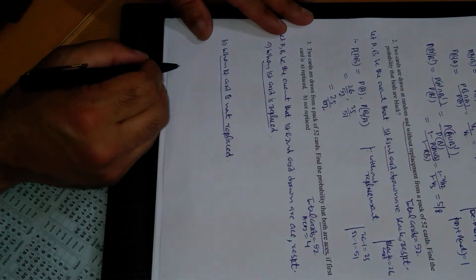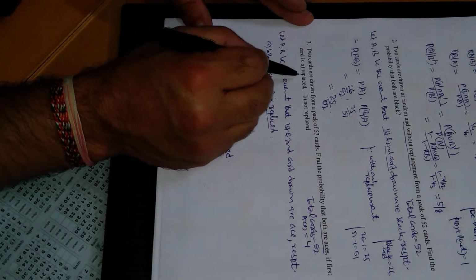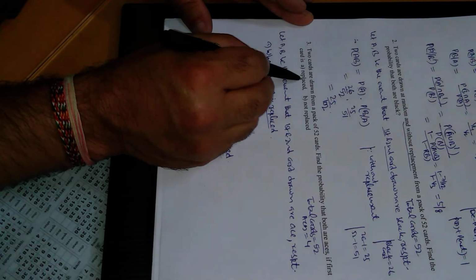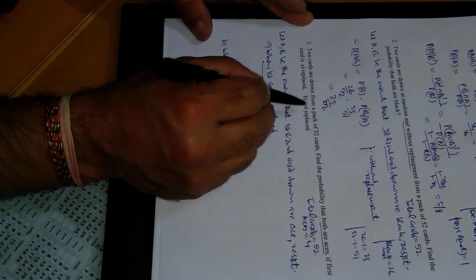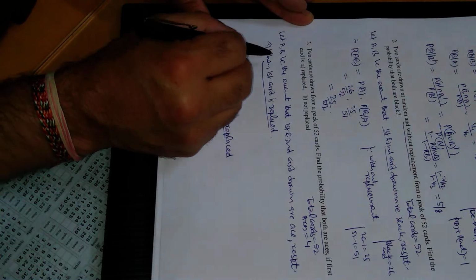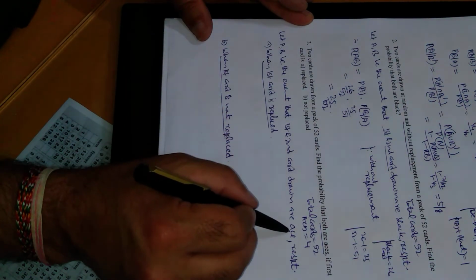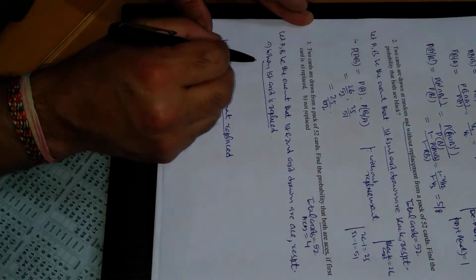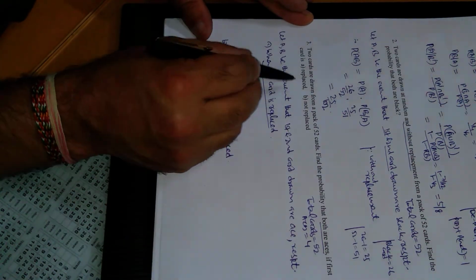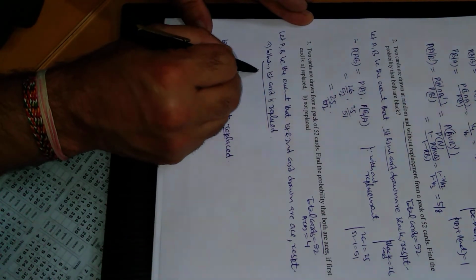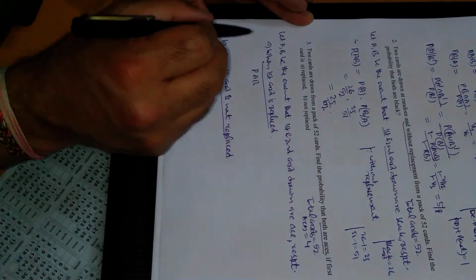Let us suppose the first card is replaced and the first card is not replaced. Both of these, let us suppose in event form: let A, B be the events that the first and second cards drawn are aces respectively. Number 1, when the first card is replaced, we have to draw two cards A, B.